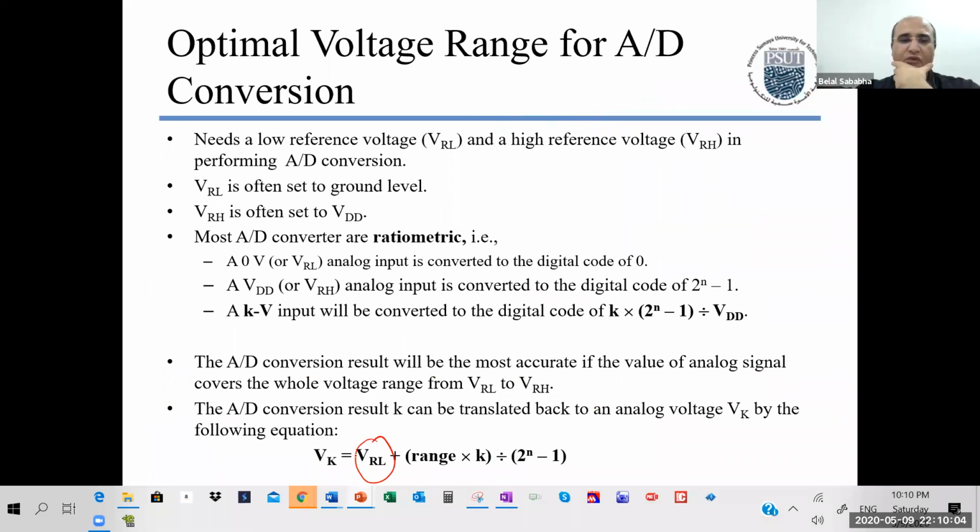A to D converters are ratiometric. They call them ratiometric, which means that the reading you get relates to the analog input voltage low and analog input voltage high.